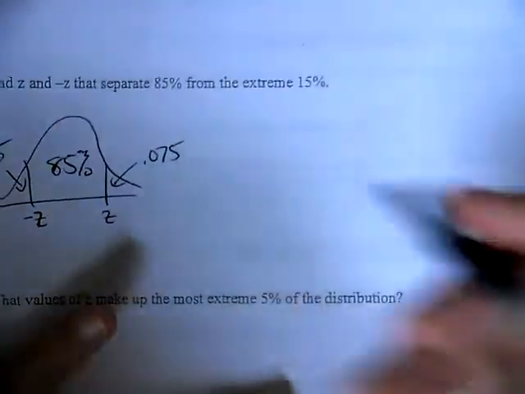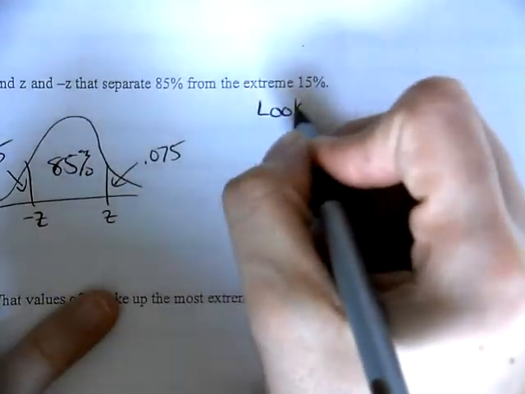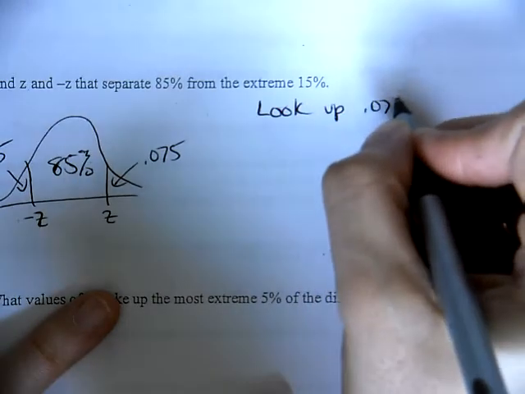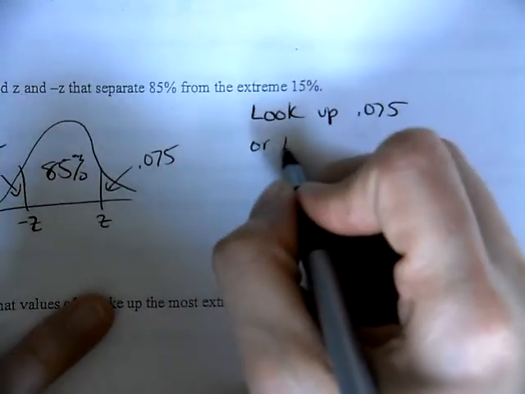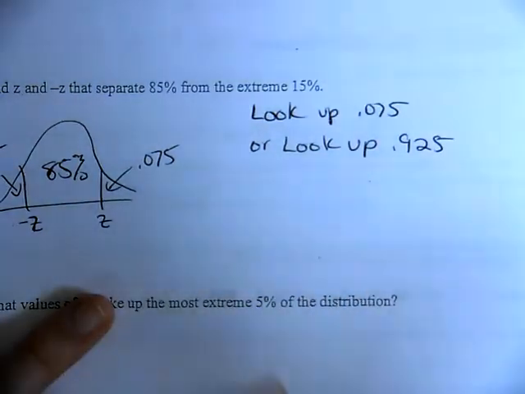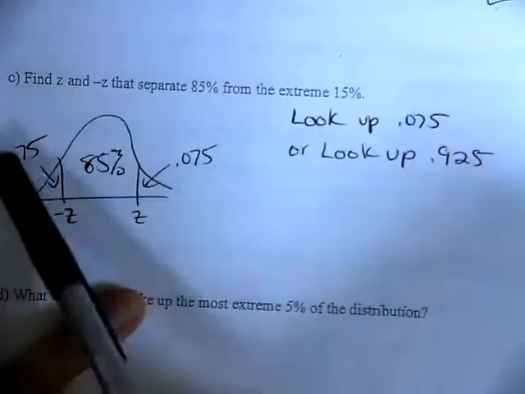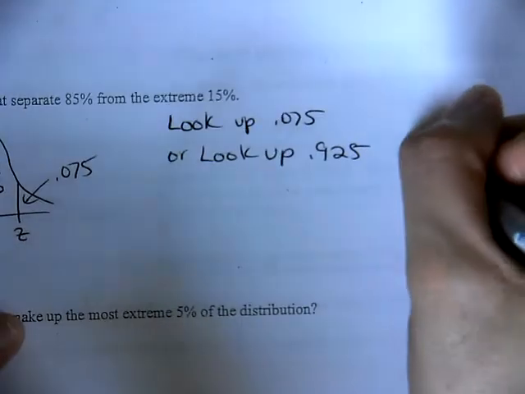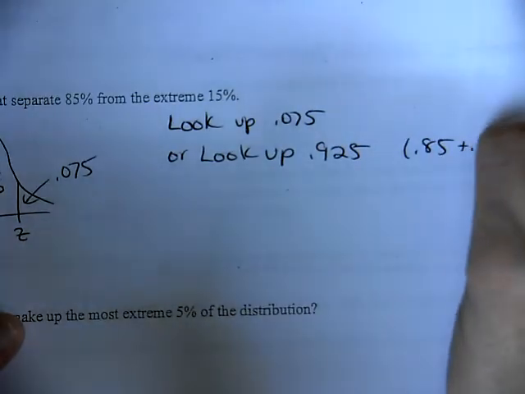So I'm going to look up 0.075, or I could look up 0.925. 0.925 is the positive z. It's 0.85 plus 0.075.